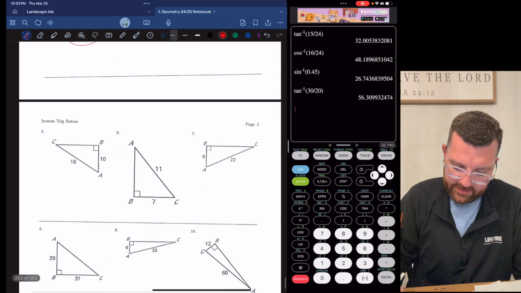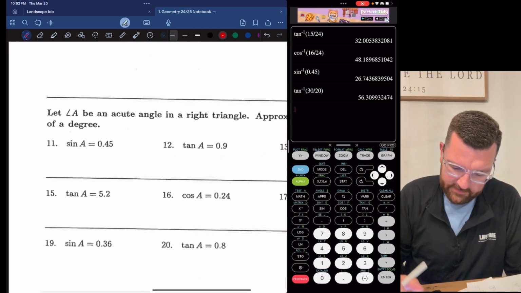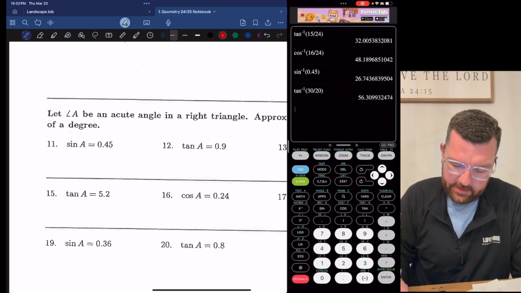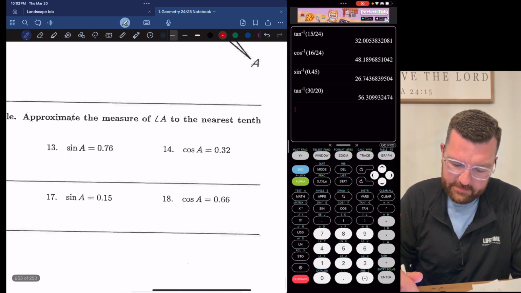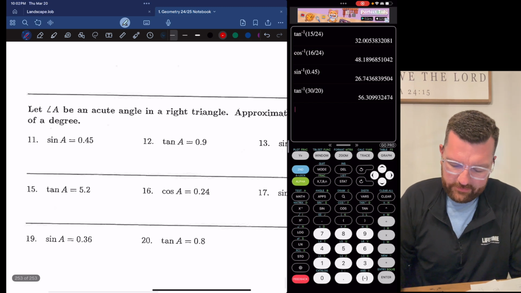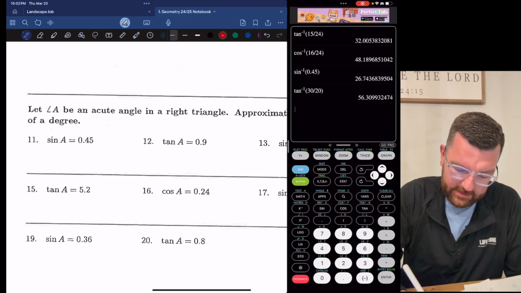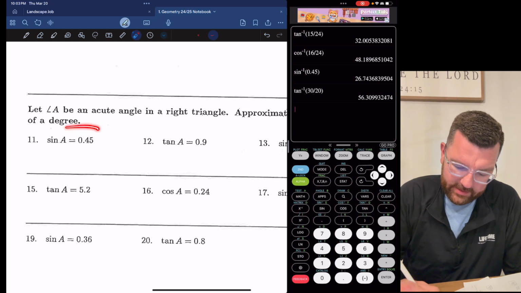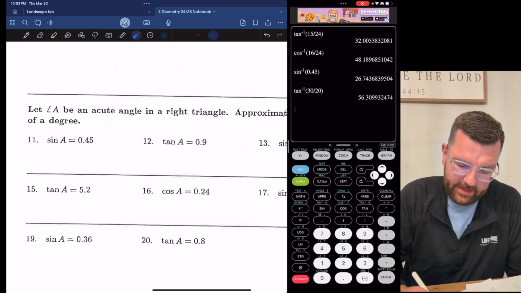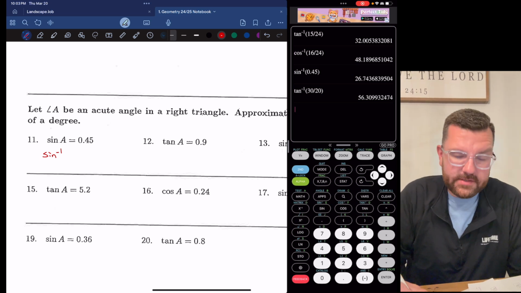You're going to keep doing that all the way through 10. And then down here, let angle A be an acute angle in a right triangle. Approximate the measure of angle A to the nearest tenth. So all of these are looking for an angle labeled A. And remember what we did. We took the regular trig, we made it inverse. So inverse of sine.